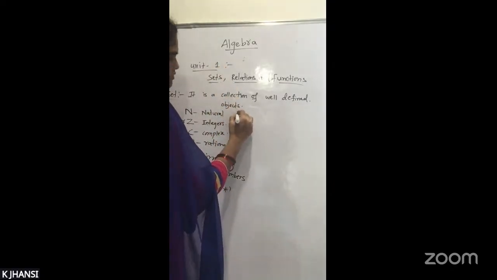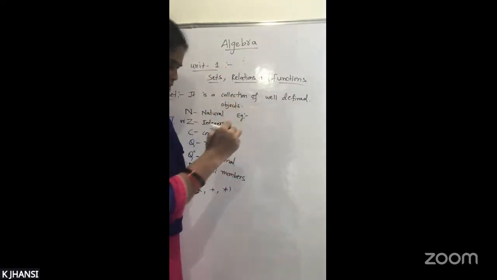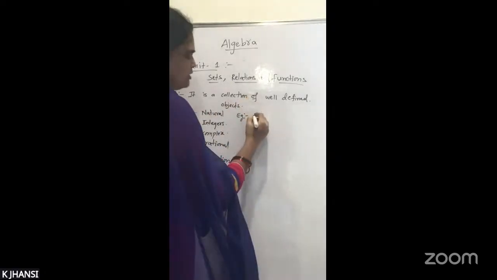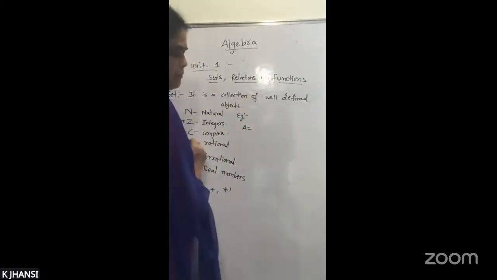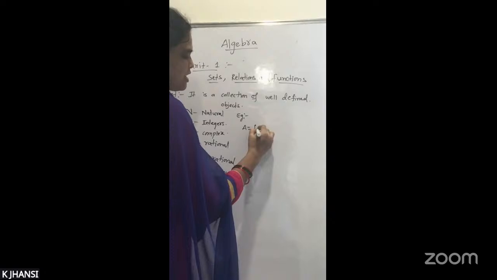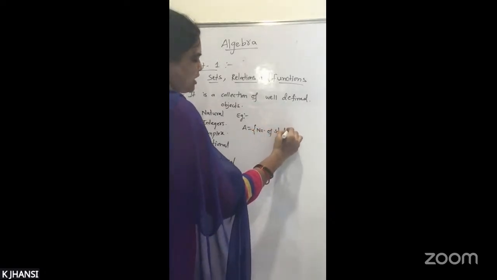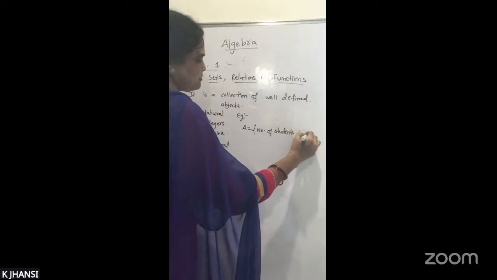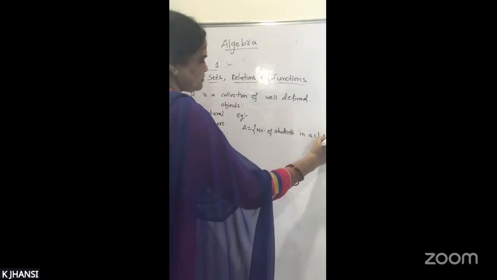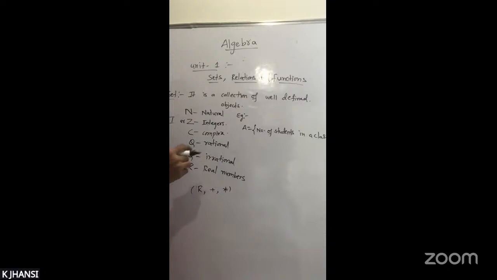Example, we can see one. Any set, you take it as capital A. It is the number of students in a class.